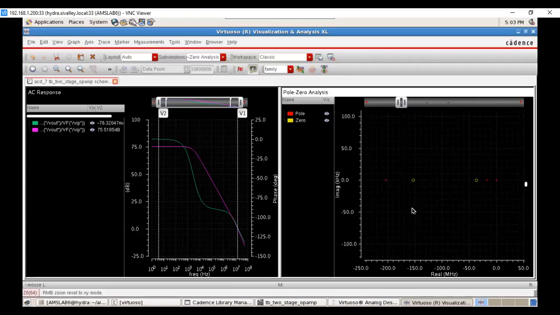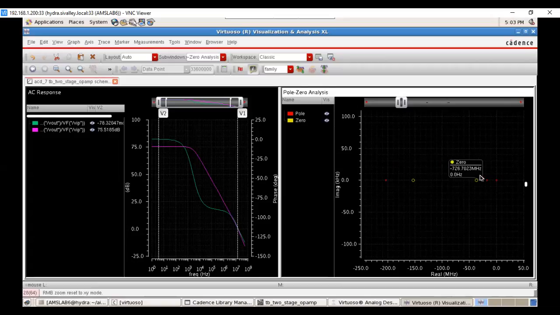Now if I go to even 10 times, like 100 megahertz, it will come somewhere here. So I have a zero here, and just beside that I have a pole. Though we see it's separated so much here, if you take the absolute frequency, it will be very close by, with a difference of around 1-2 megahertz, very less.